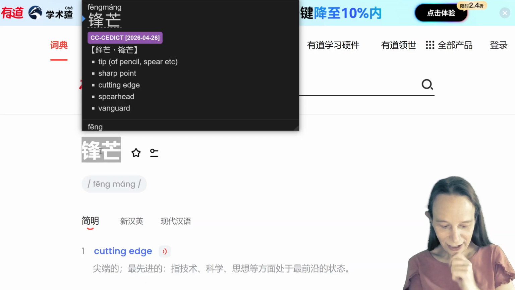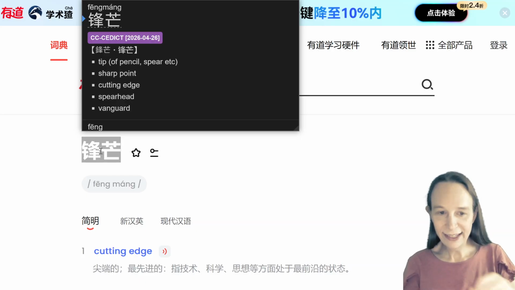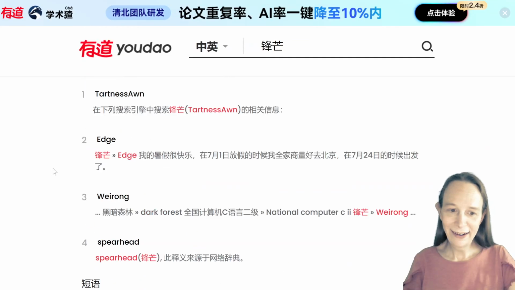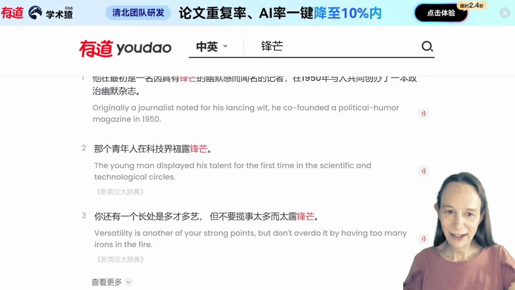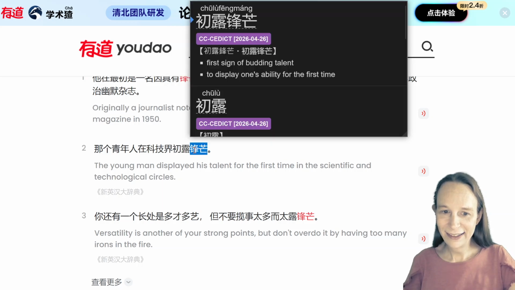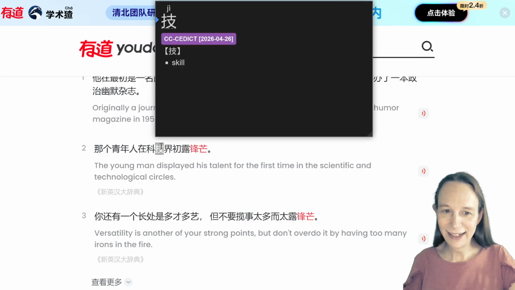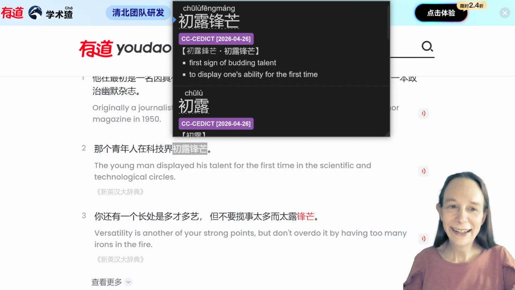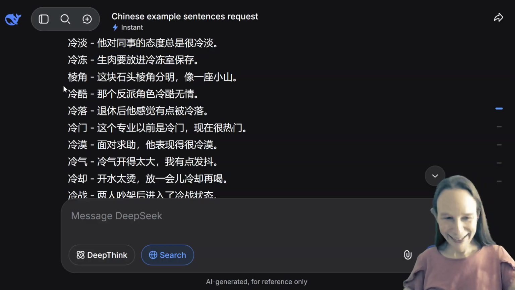Okay, 他是个有棱角的年轻人. So cutting edge. Okay. 初露锋芒. All right. So reveal. This one is reveal. Oh, sorry, the true is at first. All right. So this is some cutting edge skill, and like suddenly you're revealing it. It's like, hold on a minute.